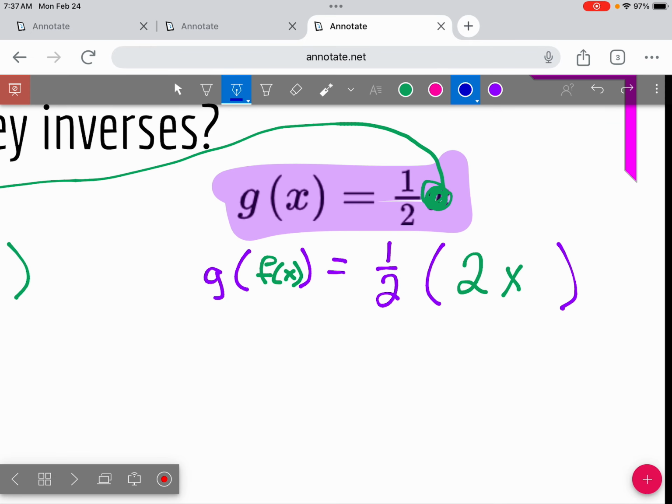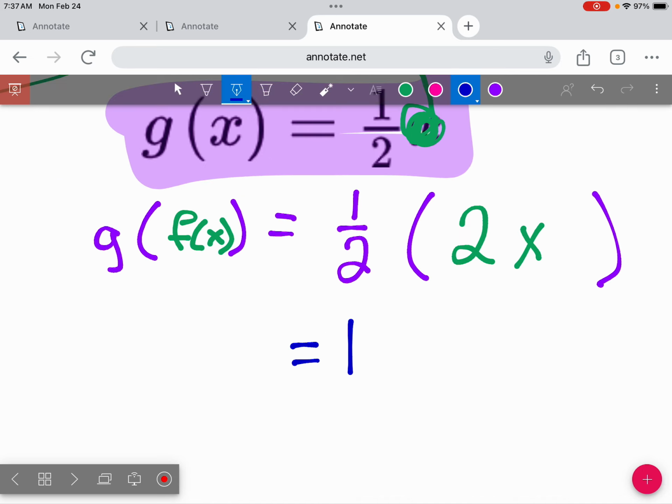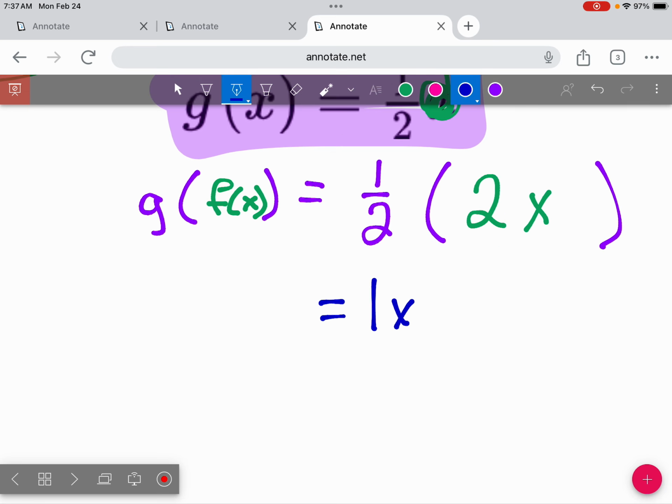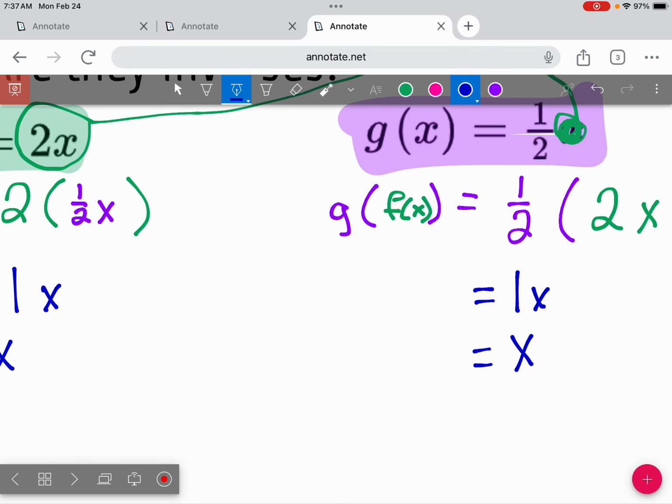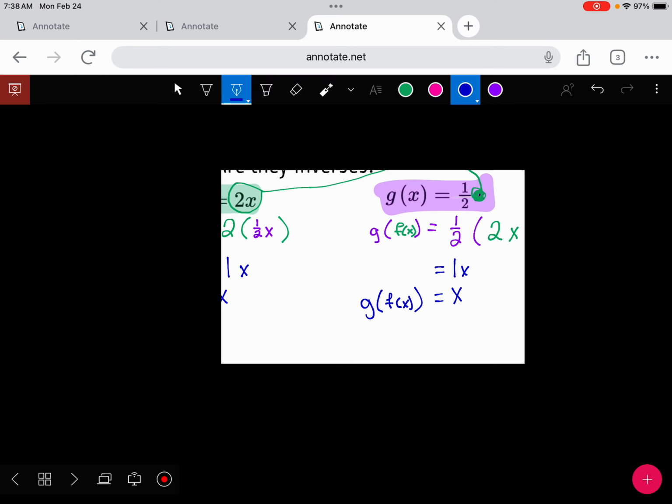What do we get when we simplify this side? What is 1/2 times 2? 1. So we get 1x. Which is the same thing as if we got x. So f of g of x equals x, and g of f of x equals x.